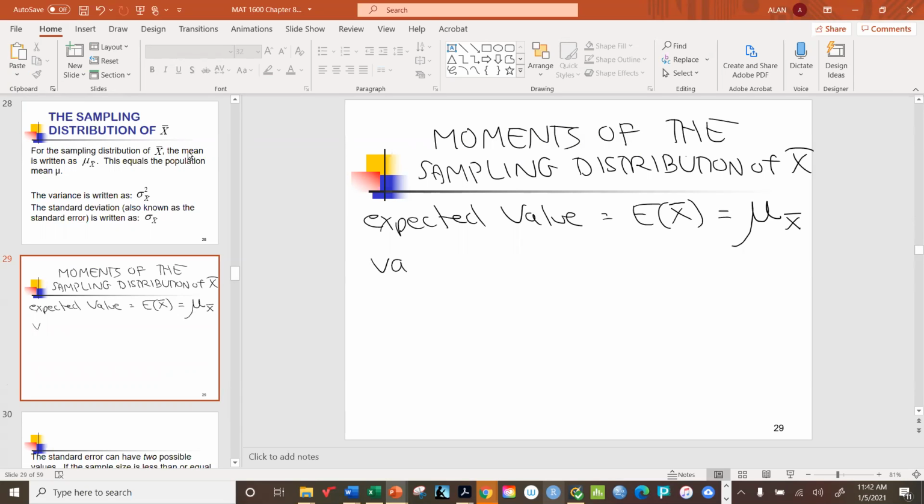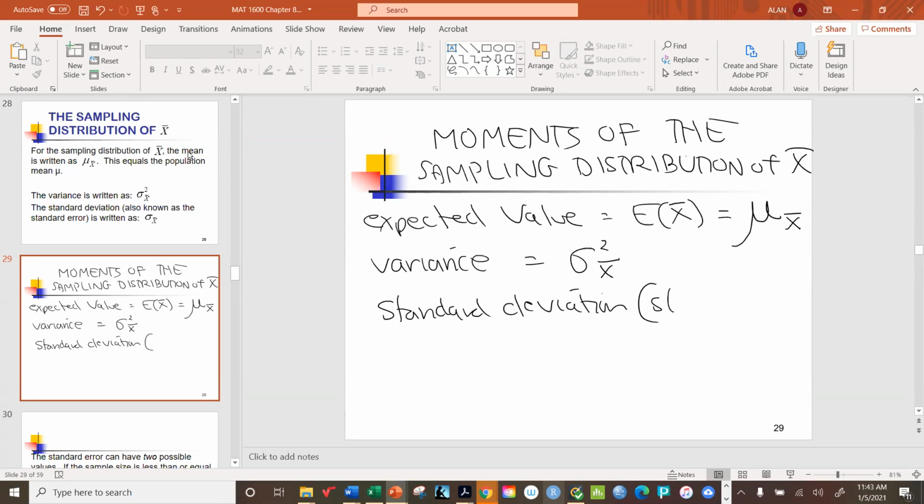The variance will be written as sigma squared, but with a little subscript of X bar. Again, so that we know that this is only about the sampling distribution of X bar, and therefore the standard deviation. And again, remember, this is the same thing as standard error, will be simply written as sigma X bar.